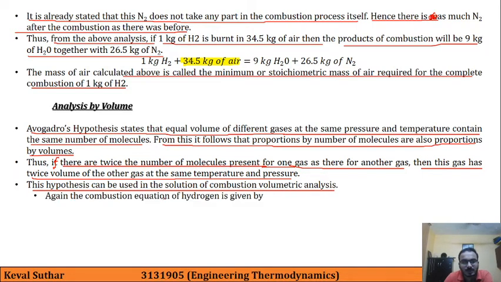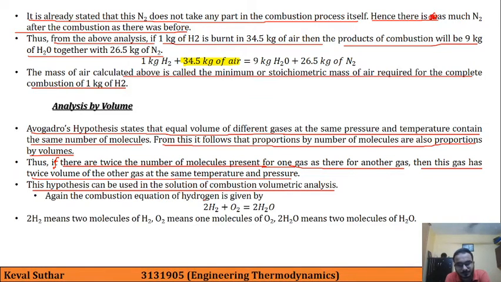So again we will repeat the combustion equation of hydrogen, that is given by this formula: 2H2 plus O2 is equal to 2H2O. So here 2H2 means 2 molecules of H2. Here the coefficient is not written, so it is 1.